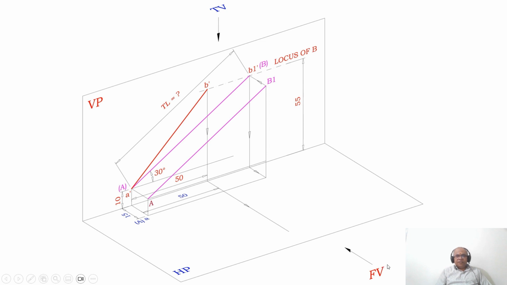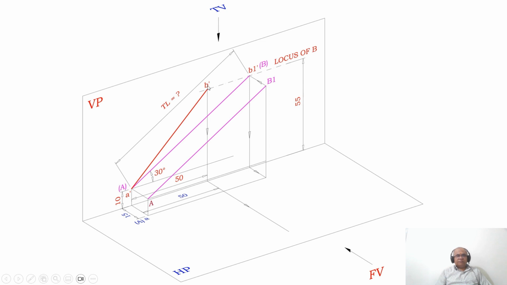For the distance between the end projectors, you have the projector of A, which falls on the vertical plane when looking from the front view. The distance between the end projectors is seen both in the vertical plane as well as in the horizontal plane. So from this point, you measure 50 mm and draw a vertical line which cuts the locus of B in the front view.